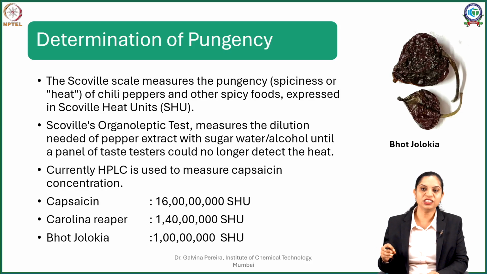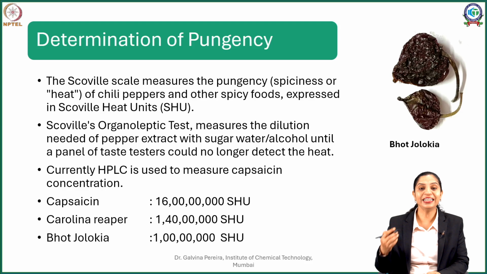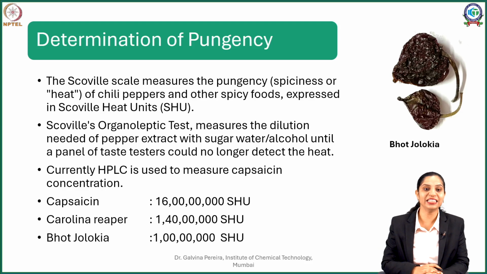What is done is you take that food product and disperse it in a sugar alcohol or sugar water mixture, and then you see how many times you have to dilute one part of that food. After dilution I should not be able to perceive any heat or spiciness. So if I am no longer able to detect the heat or spiciness, that dilution is counted as SHU.